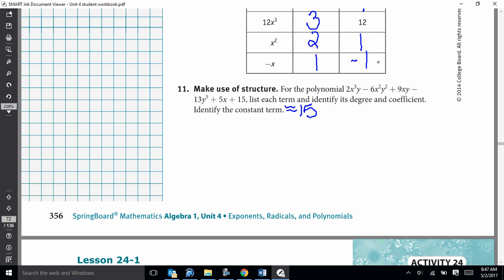All right, the next term, what's our power on the x? 0. What's the power on the x? 1. And what's our leading coefficient? I threw you off because I asked coefficient first for the last one. All right, and then what's the power on the y? 0. All right.